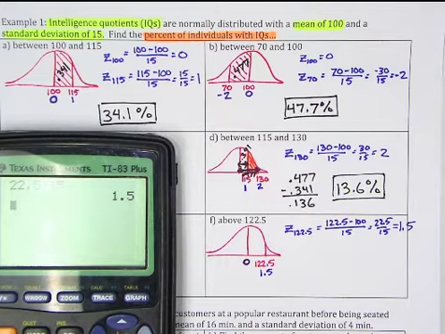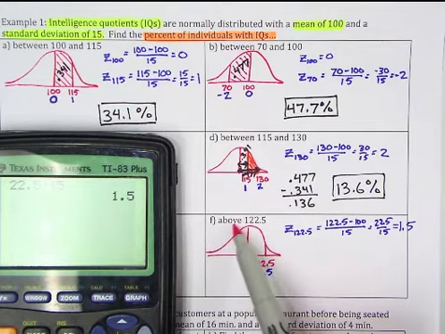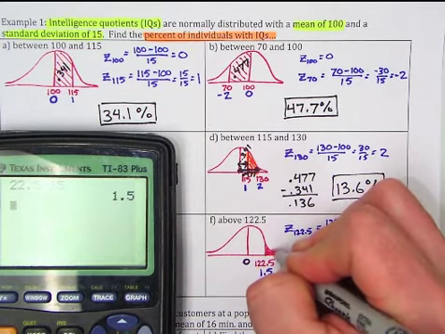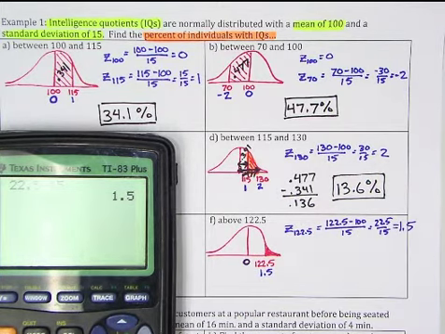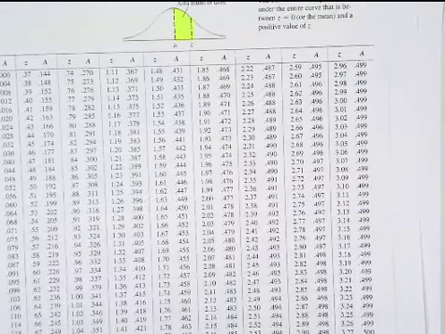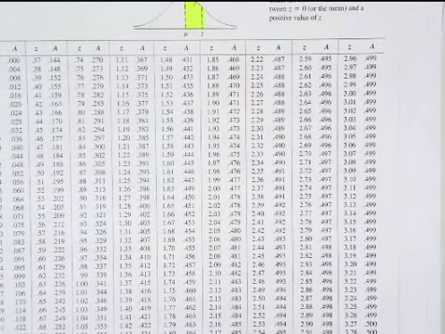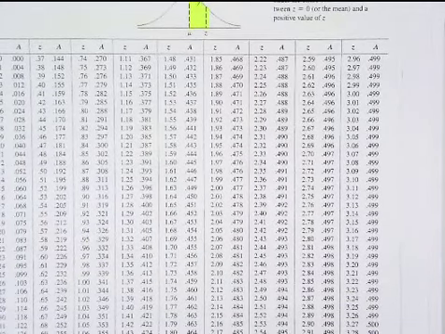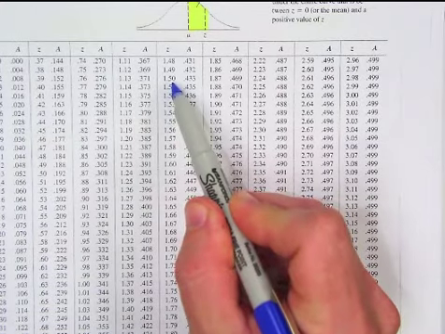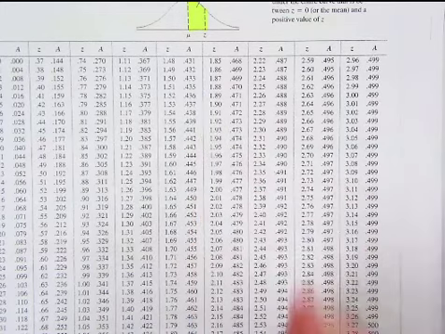Now let's analyze what we need to shade here. So we want above 122.5. So above means greater than or to the right. So we're looking for all this out here. Now we need to find our area that corresponds with 122.5. So we're going to look in our chart. Okay, and we had a z-score of 1.5. 1.5 has an area of 0.433.